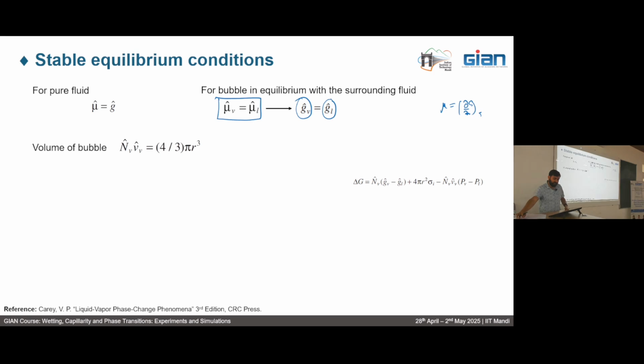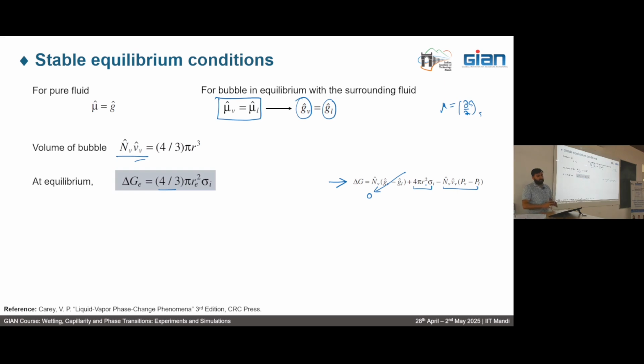Using this and the equation for the volume of the bubble, 4 by 3 pi r cubed, we get delta G at equilibrium is 4 by 3 pi r e square sigma. We have just simplified the equation we derived in the last slide. This term simply vanishes because we are talking about equilibrium here, and then we are just simplifying both these terms.